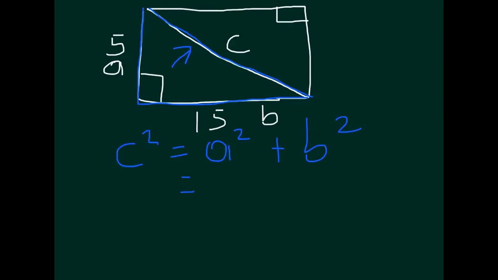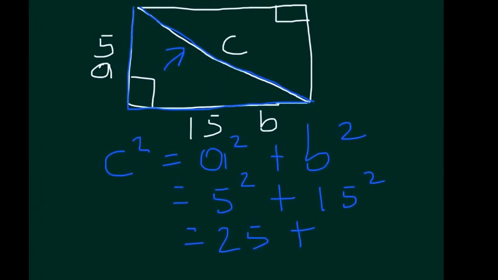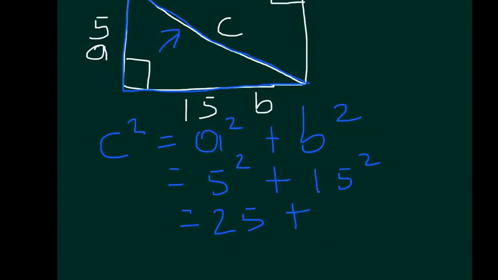In this case, a squared would be 5 squared, b squared would be 15 squared, right? 5 times 5, 25. 15 times 15, I'm sorry, 225.